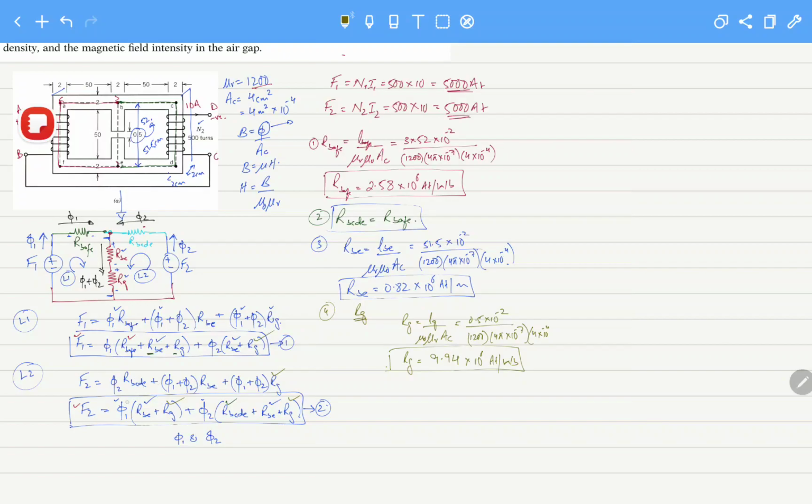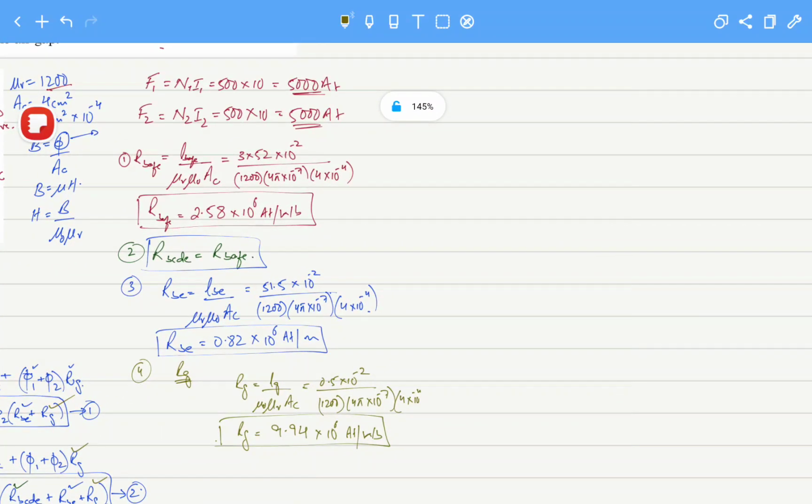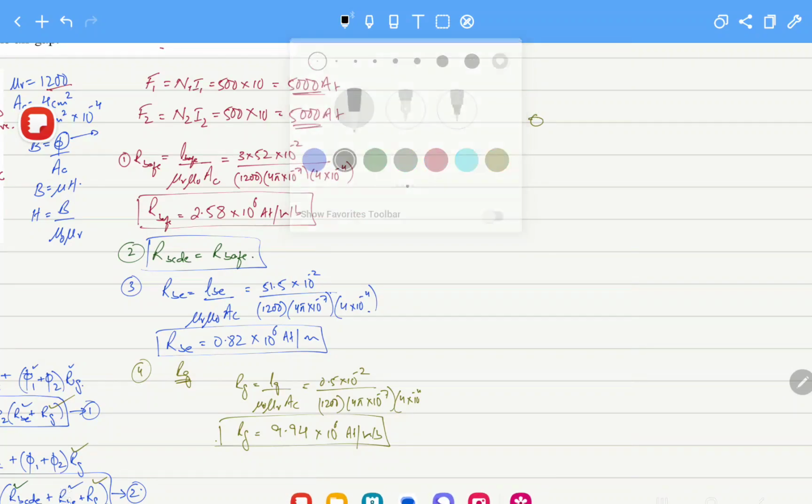So in equation 1 and equation 2, we have calculated all the parameters except phi 1 and phi 2. If you put all these values in, you can solve this equation.